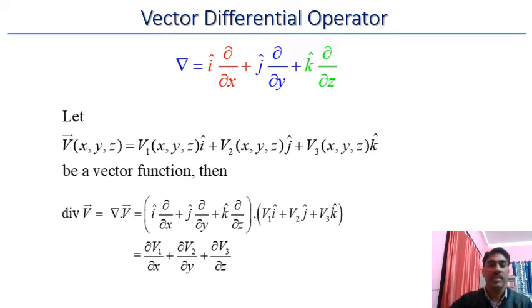Simply saying, if you take the divergence of a vector field, the x component is differentiated partially with respect to x, the y component is partially differentiated with respect to y, and the z component is partially differentiated with respect to z, and you take the sum of all three. This is called the divergence of the vector.